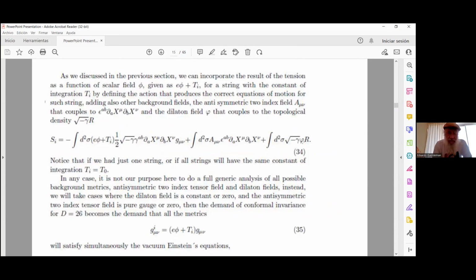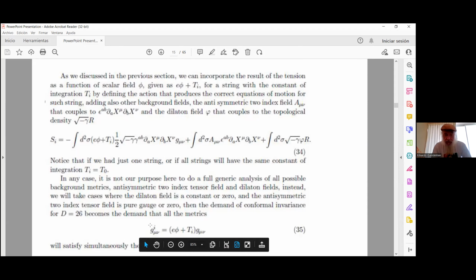But to simplify matters, we take this well-known stuff as trivial. For example, this antisymmetric tensor field pure gauge, this dilaton field a constant. And we see that the role of the metric now is this conformally related metric, G-tilde mu nu equals this factor times G mu nu, where G mu nu is the embedding metric.